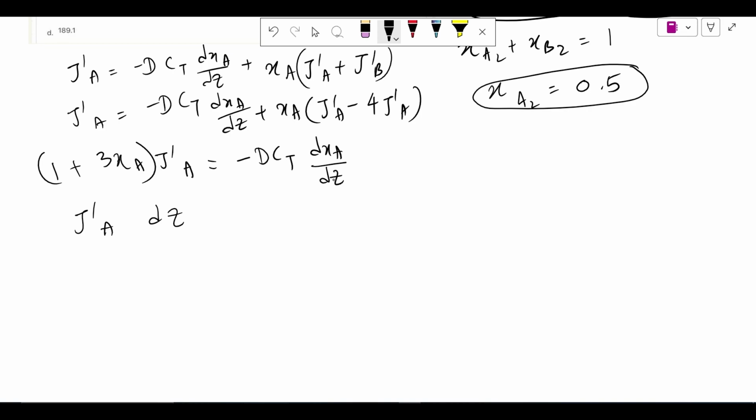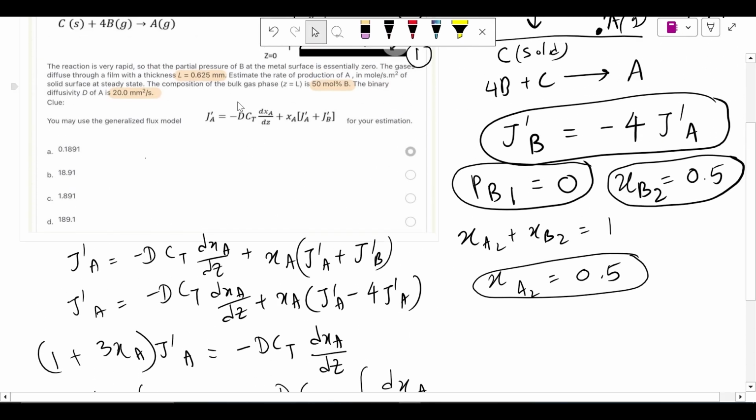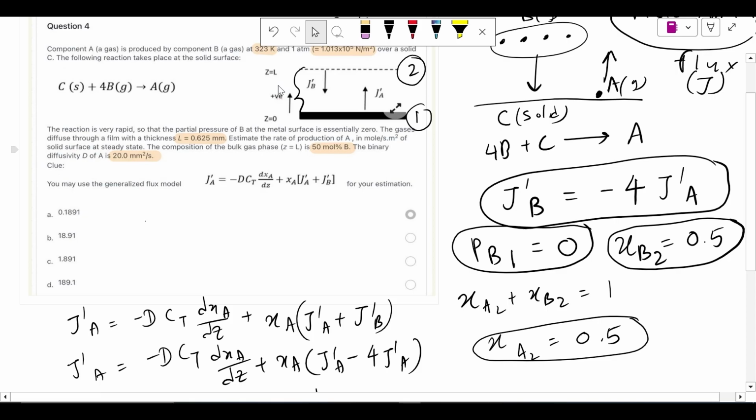We can move the dz part to this side, and these are constants, right? So this is the variable part. We can integrate this and this, right? This is the length. We can integrate from 0 to L, right?